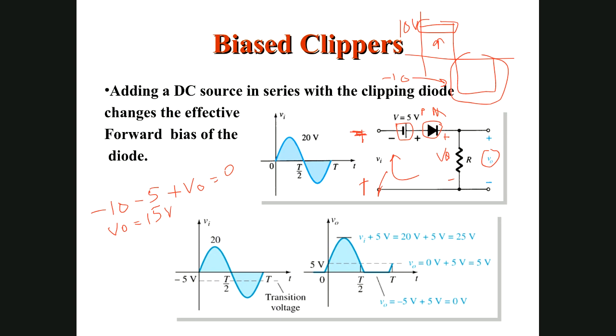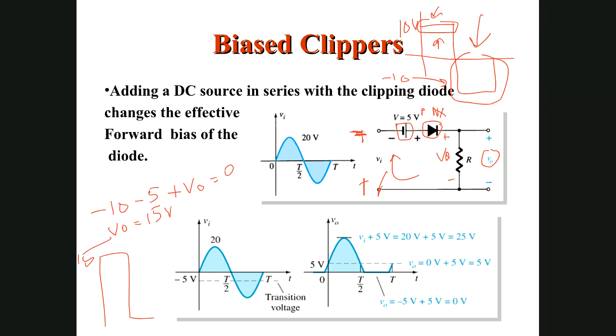It means your signal cannot go to the right side, so there will be nothing in the output, or the output will be 0. So for input 10 and minus 10, your output will be 15 and 0. Hope it is clear. Is it okay? You understand?